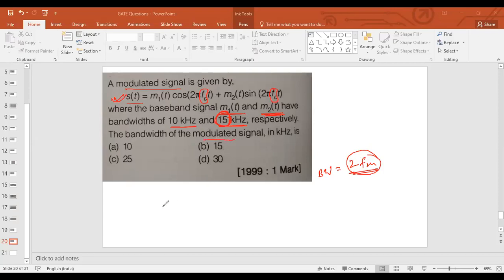Okay, is it clear? जैसे यहाँ पर मल्टी टोन मॉड्यूलेटिंग सिग्नल है, सो जिस भी कंपोनेंट की फ्रीक्वेंसी मैक्सिमम होगी, that will be given as the maximum frequency of the signal, and based upon that the bandwidth will be twice fm. So 2 into 15 should be the answer. So 15 is in kilohertz, so it should be kilohertz. Okay, let us go to the next question.